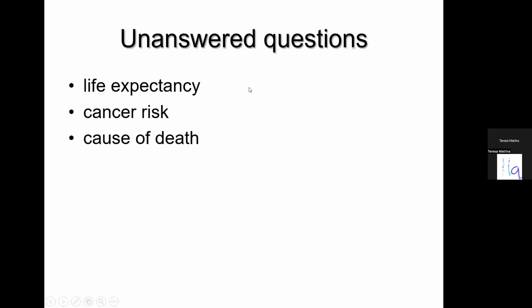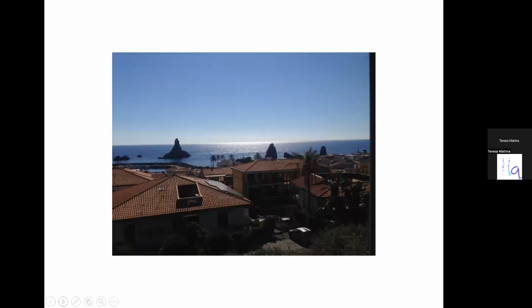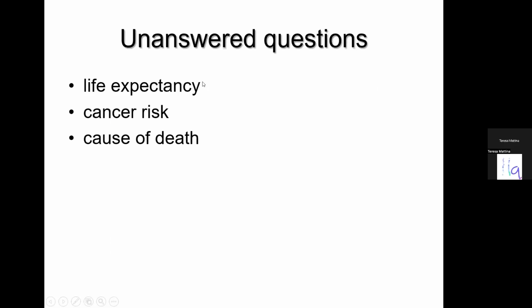There are some unanswered questions. Life expectancy: we now have a whole lot of adults. And very recently, I have seen a patient in his 60s. He is the uncle of a young patient of mine. We made the diagnosis after the child.